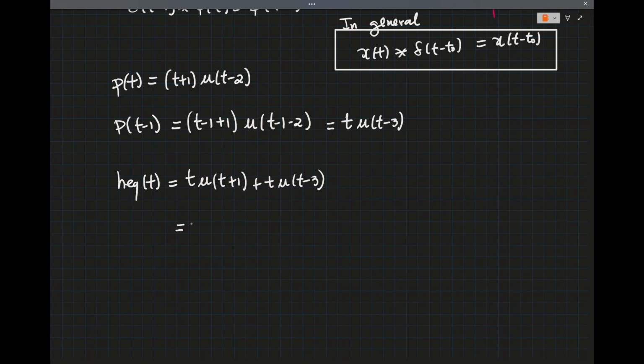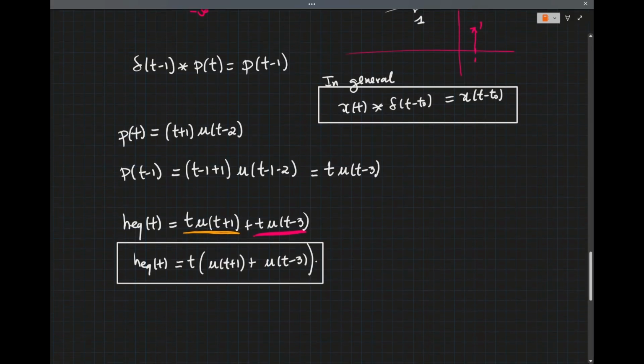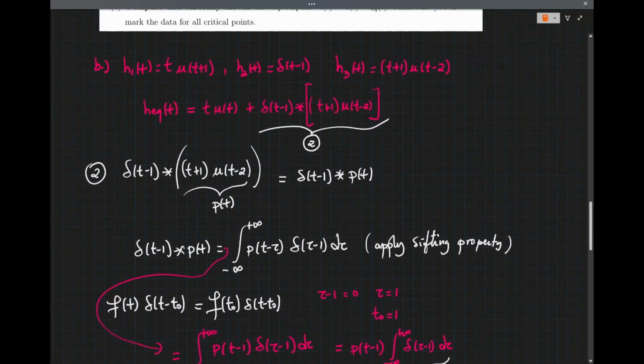Or, if you like, t times u of t plus 1 plus u of t minus 3. So we just computed the equivalent, overall impulse response of the system. I can sketch it, but I will sketch it later on. I don't want to make the video too long.